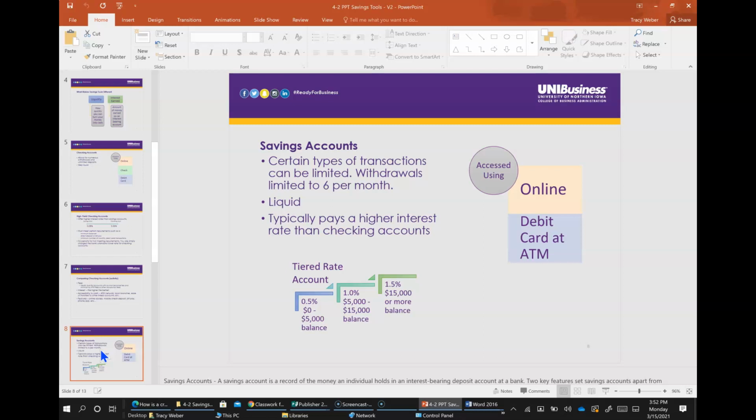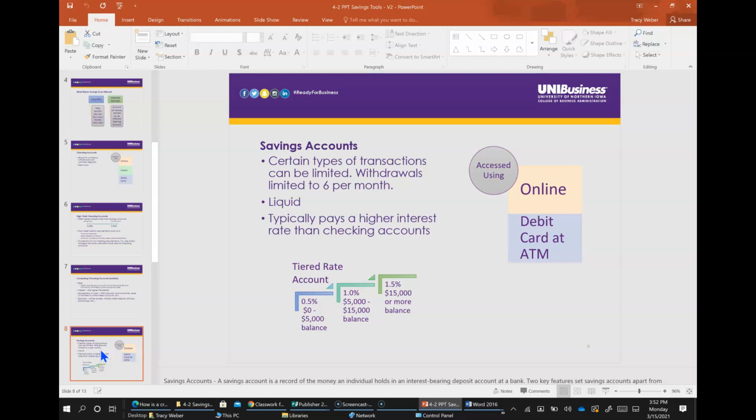A savings account that earns a higher interest rate at higher balance levels is called a tiered rate account. You might, for example, earn 0.5% on balances of $0 to $5,000, or 1% on balances of $5,000 to $15,000, or 1.5% on balances of more than $15,000.